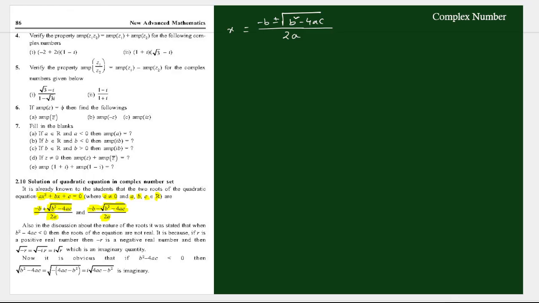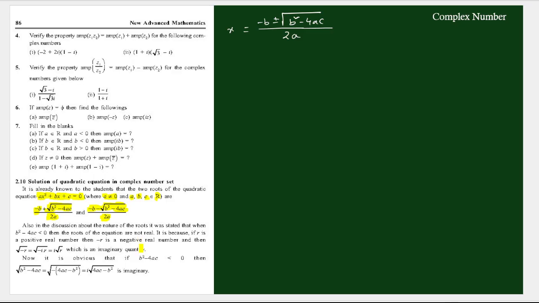Now you see here, we have three conditions: when the roots are all equal, when the roots are greater than 0, and when the roots are less than 0. Clear?